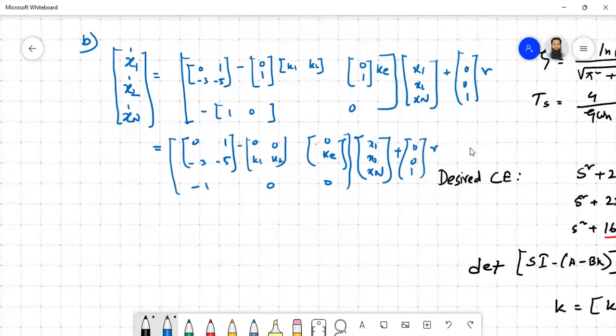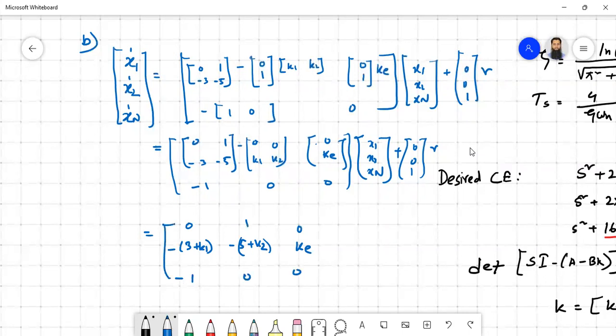Okay, so we can write that this will be 0, 1, then you'll have minus 3 plus K1, minus 5 plus K2, 0, then 0, K, 0, and minus 1, 0, 0. So this is your new system matrix.